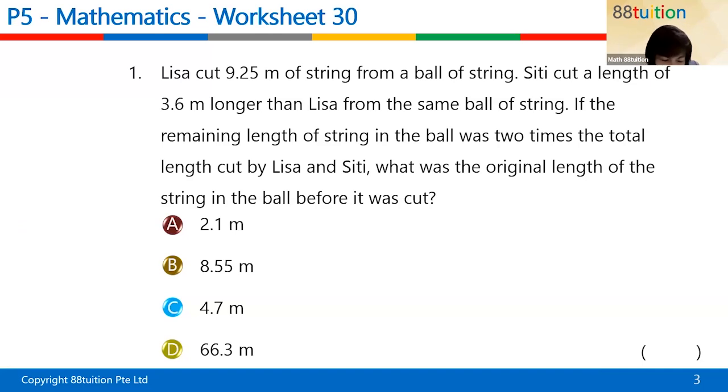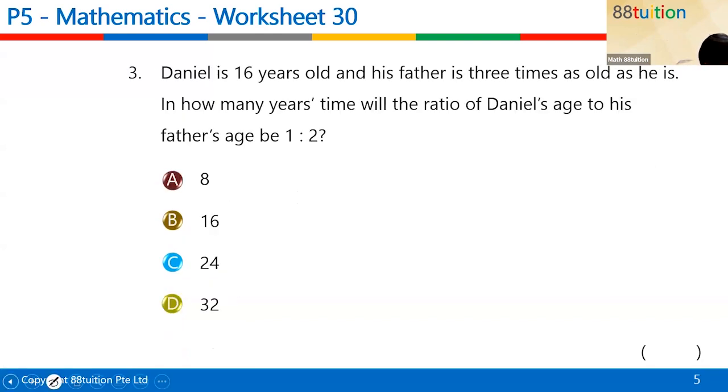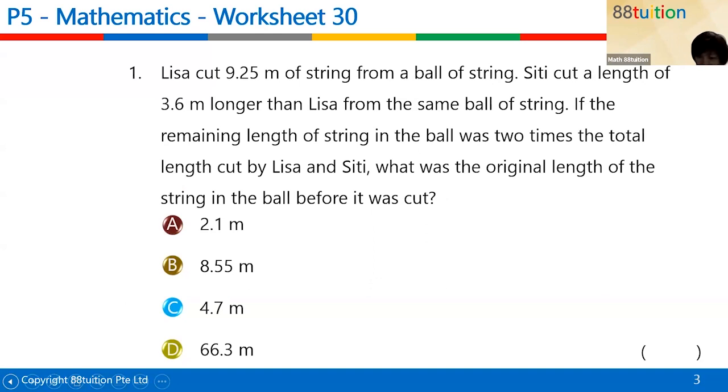Lisa cut so much of a string from a ball, and Siti cut a length of this longer than hers, and the remaining is 2 times the total. What is the original length? Okay, so first thing is, this is a ball of string.